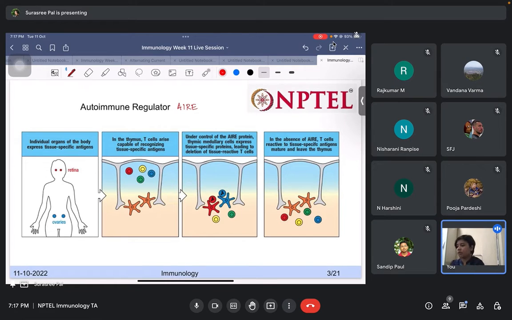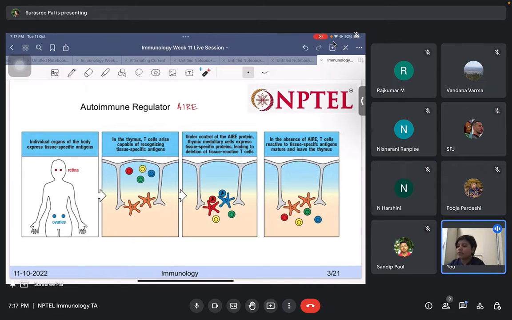Here you can see that the individual organs express tissue specific antigens, but in the thymus the T cells arise which are capable of recognizing tissue specific antigens because of this gene which is called AIRE, right?